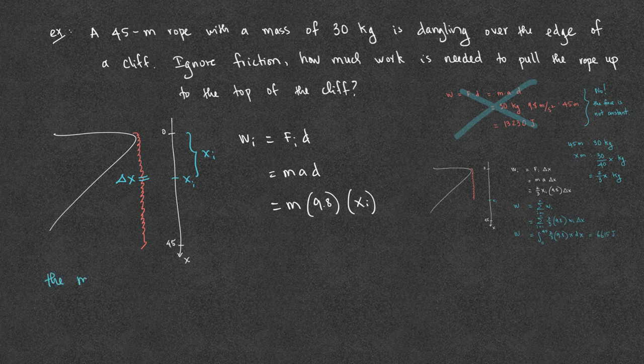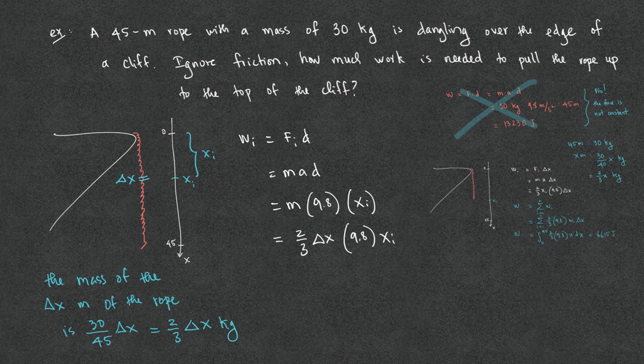The mass of the delta x part of the rope is 30 over 45 times delta x kilograms. And so the work to move the delta x length segment of the rope a distance of xi is 2/3 delta x times 9.8 times xi.